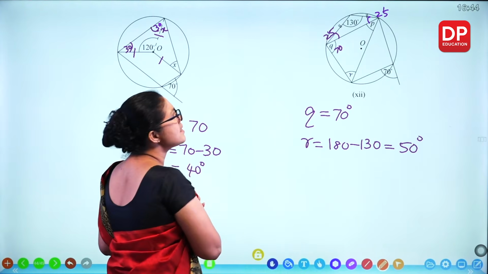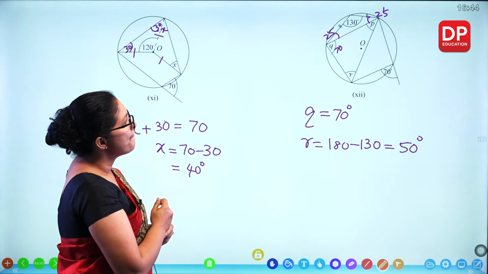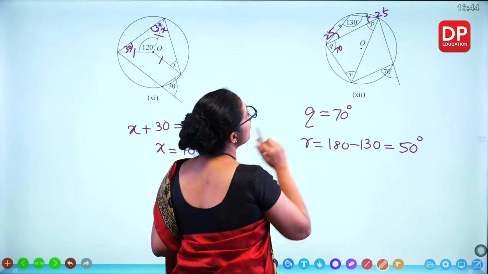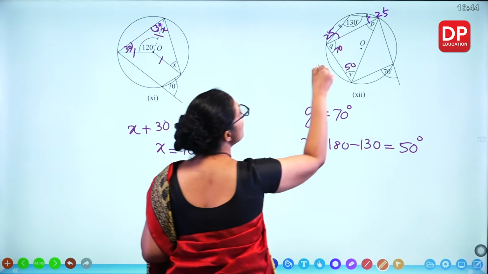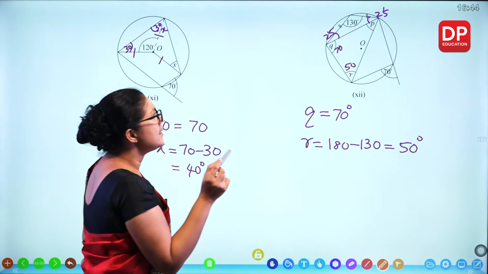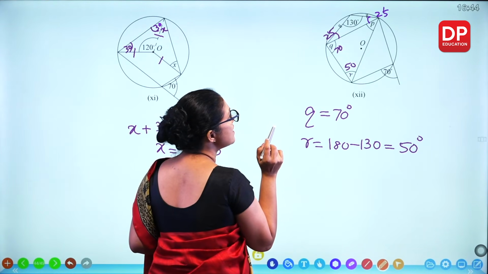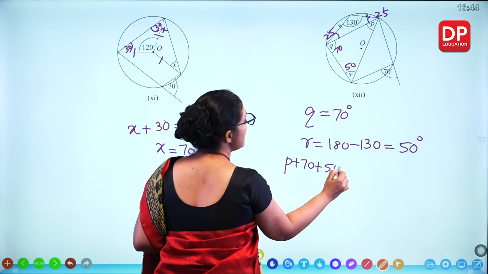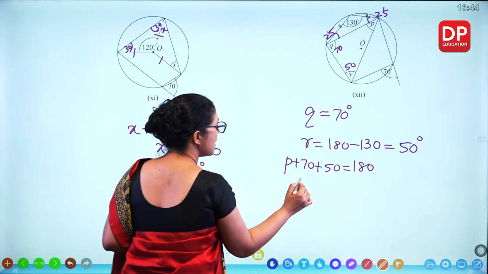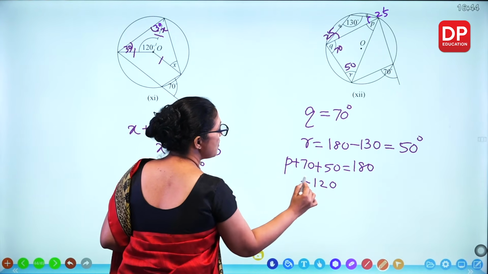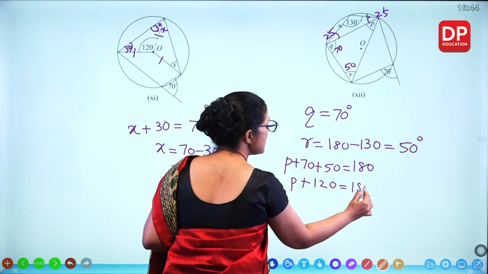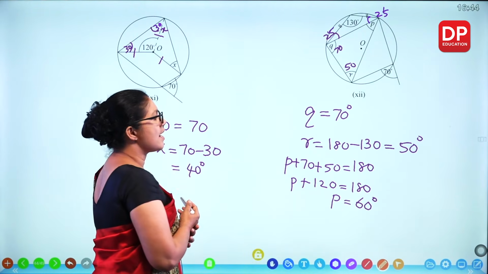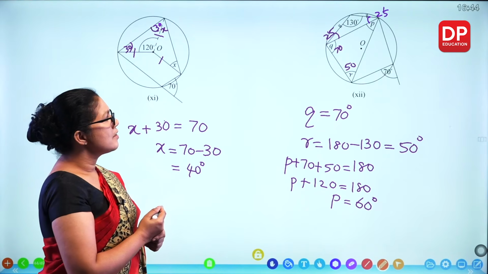So R equals 50. Now we can find out the P angle. Sum of angles in a triangle is 180. P plus 70 plus 50 equals 180. P plus 120 is 180. So what's P? 60 degrees. 180 minus 120.